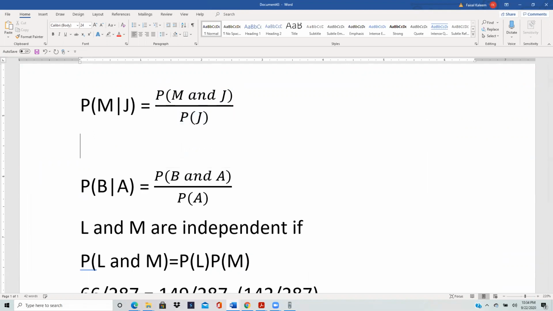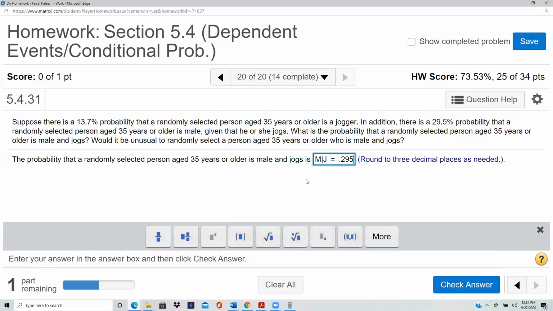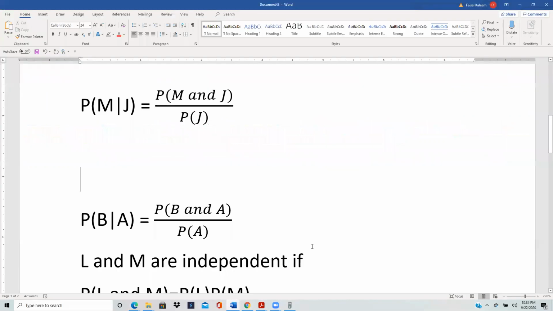So male given jogs is given to us, it's 0.295. That is equal to male and jogs, which has to be calculated, so let's say x, divided by jogs.